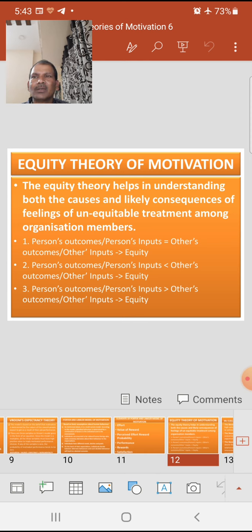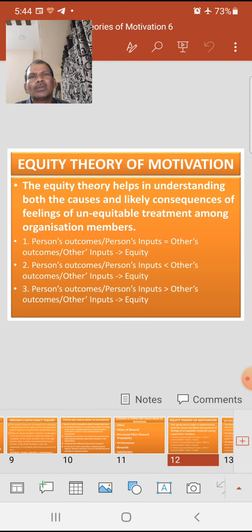This form of equity is common in organizations. A person does not feel inequitably treated if his superior is getting a higher salary than him. Equity as a motivating force: an individual acts when he perceives inequity.